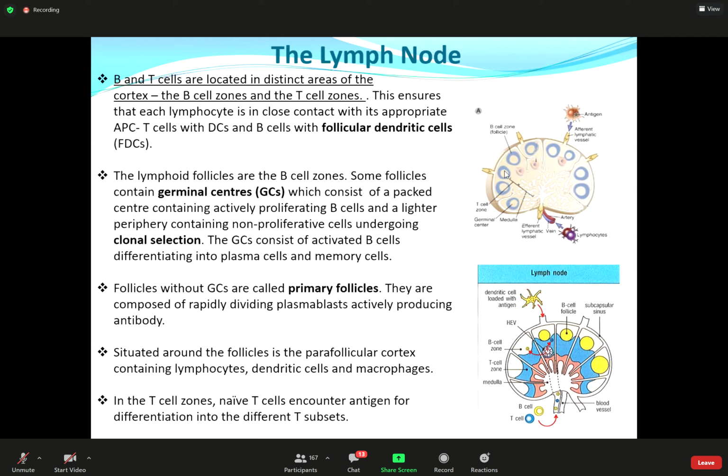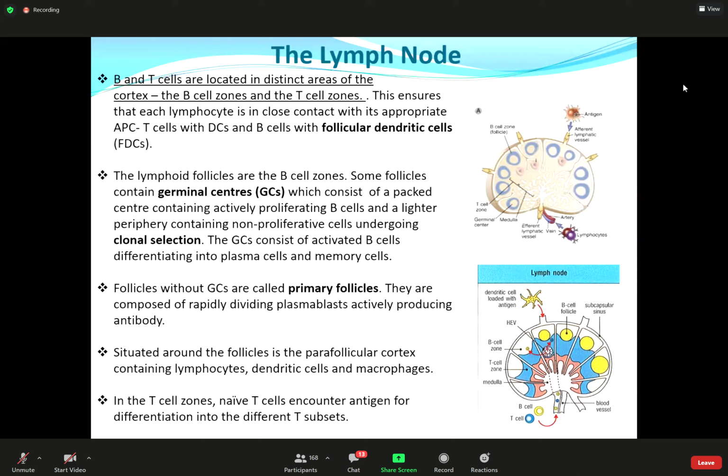These are the B cell follicular areas. So this is where proliferation of naive into effector B cells occurs. The yolks of these B cell follicles are what are called germinal centers. Within these germinal centers is where further differentiation of these effector B cells into making high affinity antibodies occurs.